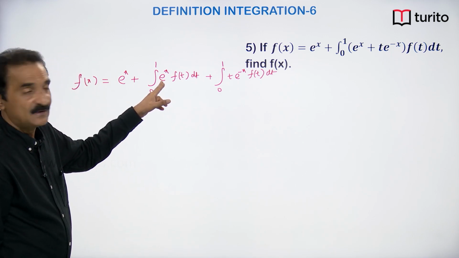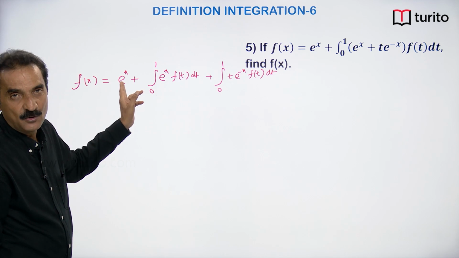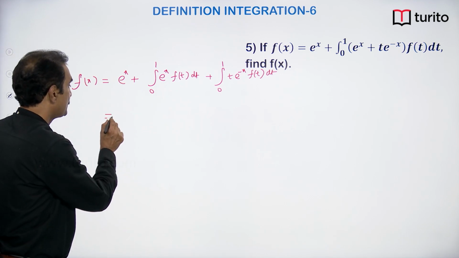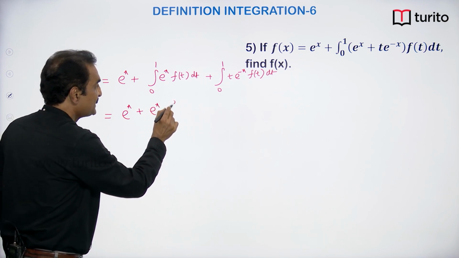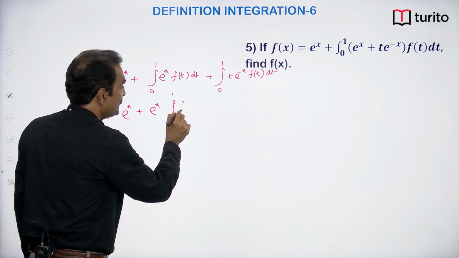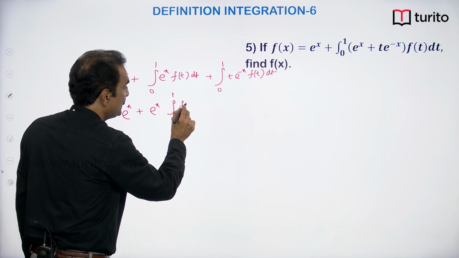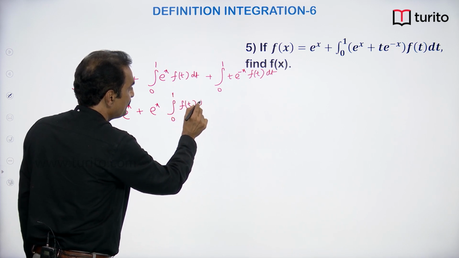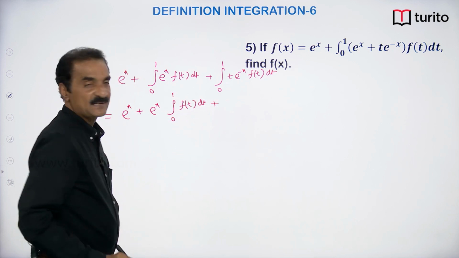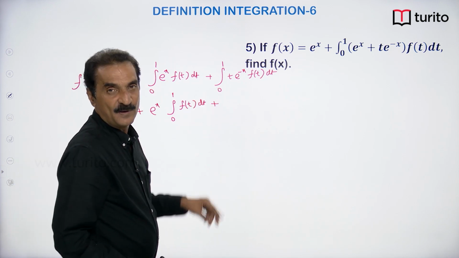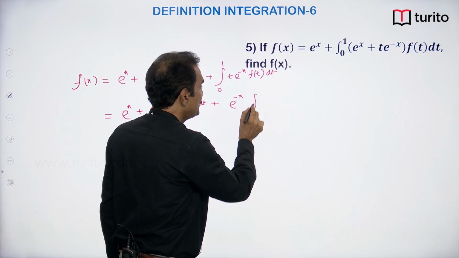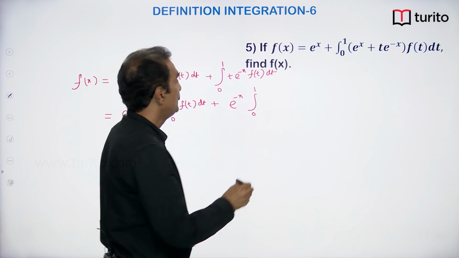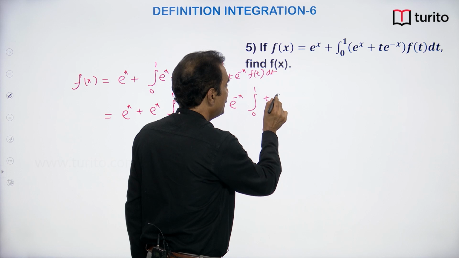Since x is independent of t, I can take out e power x. e power x integral 0 to 1 f of t dt plus we can take out e power minus x, integral 0 to 1 t f of t dt.